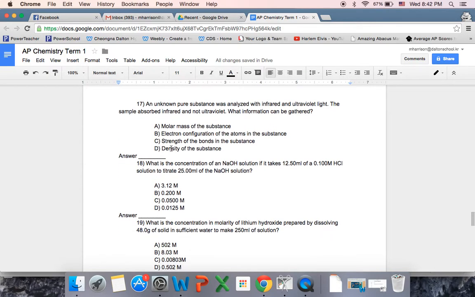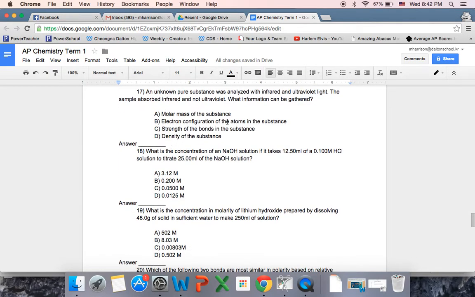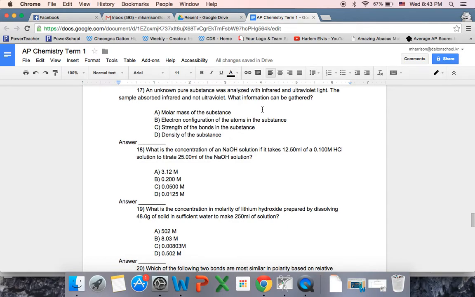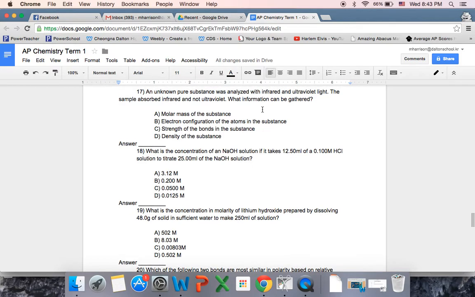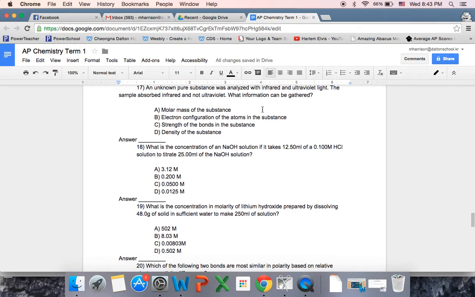An unknown pure substance was analysed with infrared and ultraviolet light. The sample absorbed infrared and not ultraviolet light. What information was gathered? Okay, going back to our first two experiments, we were using the spectrometer to analyze what light was absorbed, and the reason we could do this is because electron energies are quantized.